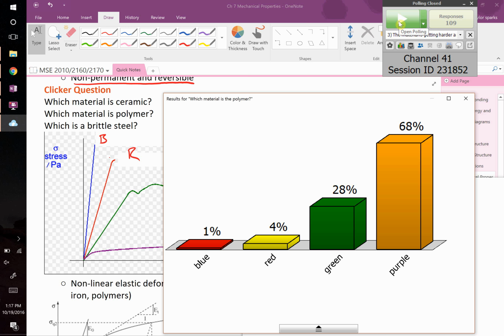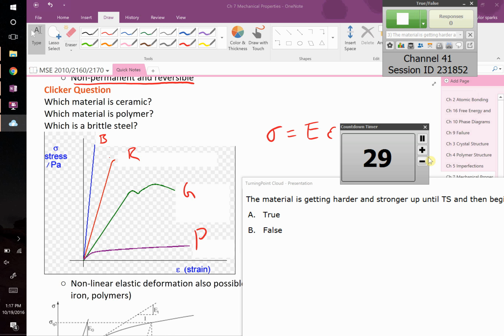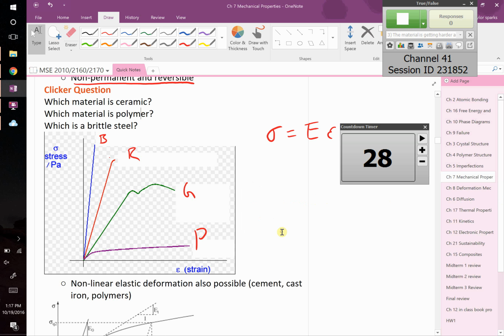A quarter of us think green, but mostly D. Okay, good. And then I think there's one more here. Oh no, hold that thought. We'll come back to that one.